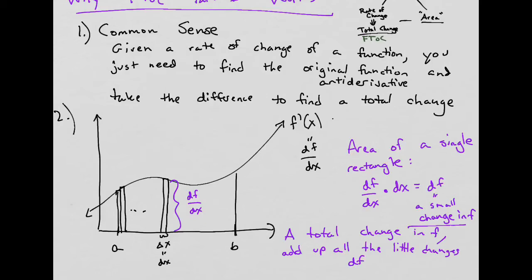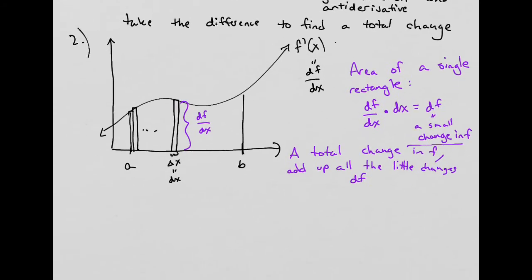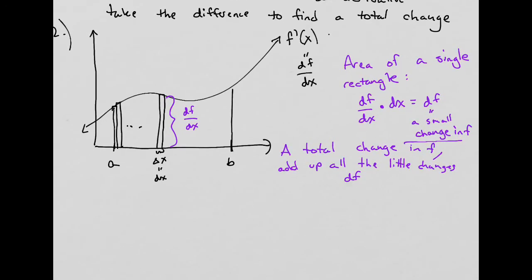So if we wanted to do that, let's write this as a sum. A total change in f, so f of b minus f of a, is going to be the sum of all these df's.